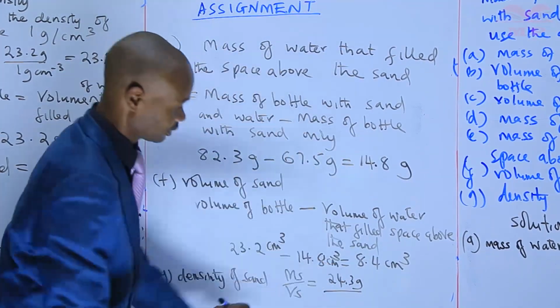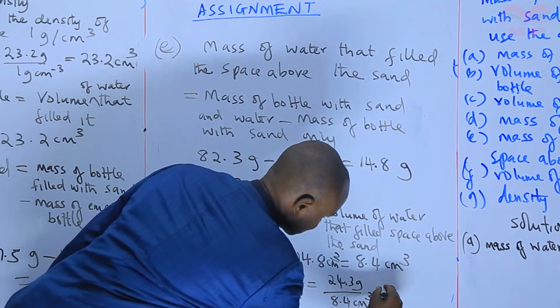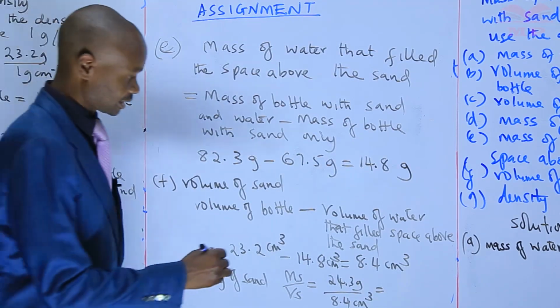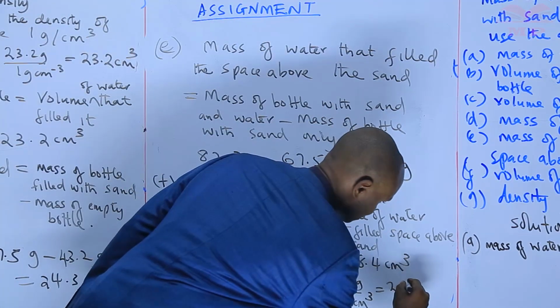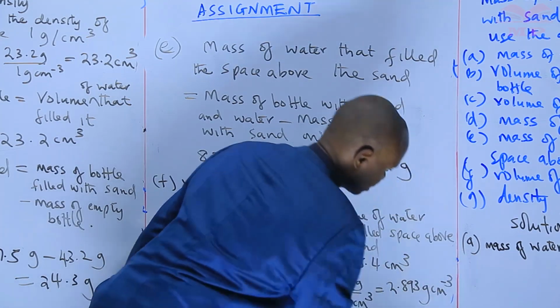We divide by the volume, which we've got as 8.4 cubic centimeters. That will give us 2.893 grams per centimeter cubed.